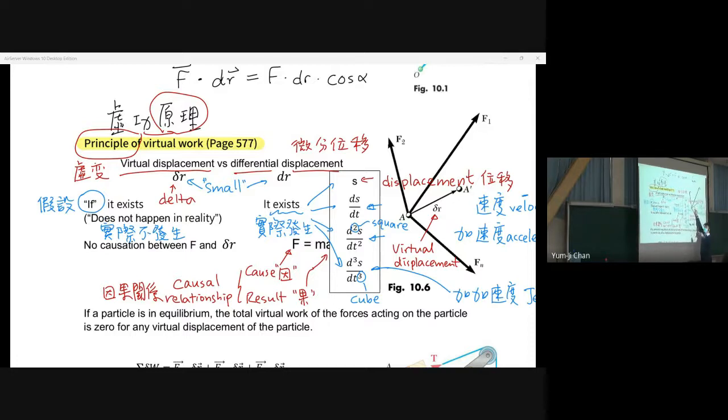The answer is no, because there is no causal relationship between F and delta R. We just say what happens if it moves from A to A prime.